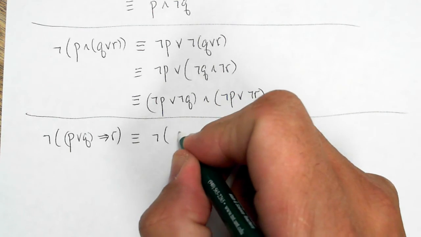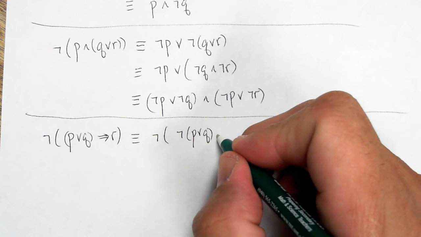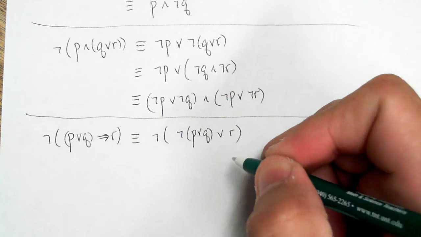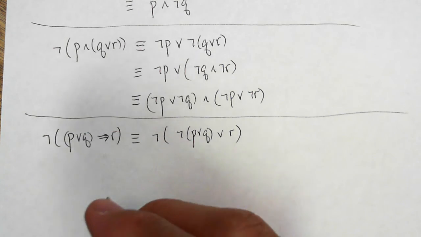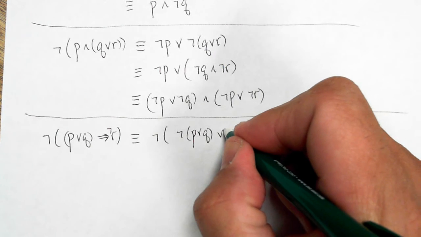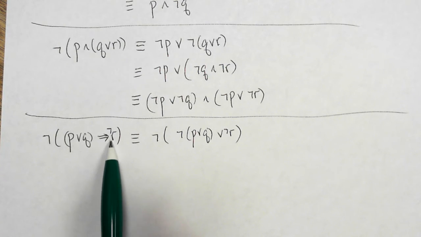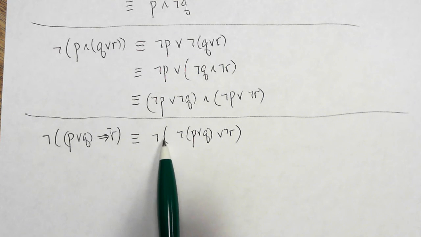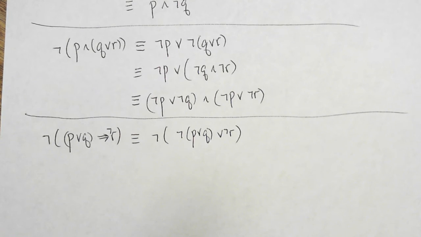This would be not the first or the second. And I'm sorry, I forgot to put, the problem had not R here, I apologize. So let me start over. The negation of P or Q implies not R. That's the same thing as not the hypothesis or the conclusion.